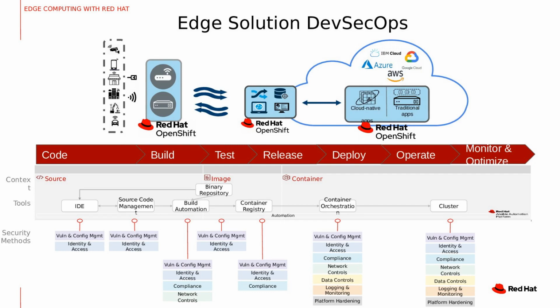So there's identity access and vulnerability and configuration management for the IDE and the source code management. You see that identity access is spread out throughout the whole process here. And when you get to the orchestration, you see things like data controls and network controls. So all of this now needs to be considered not only just for the back-end part, but also for your edge IoT components as well.